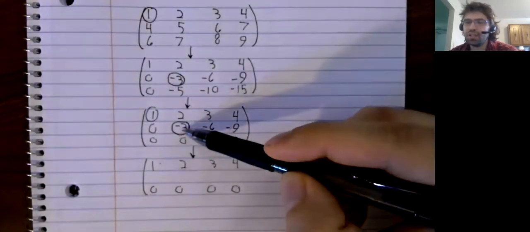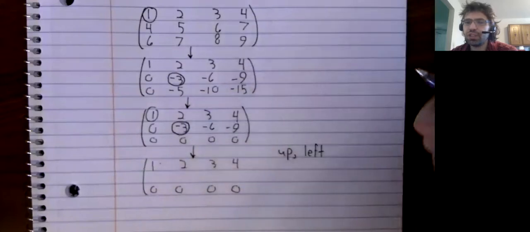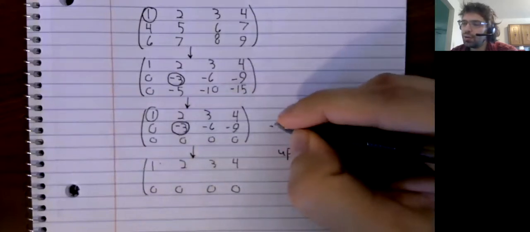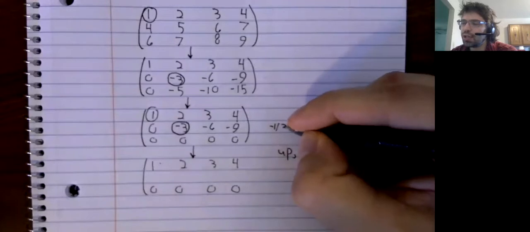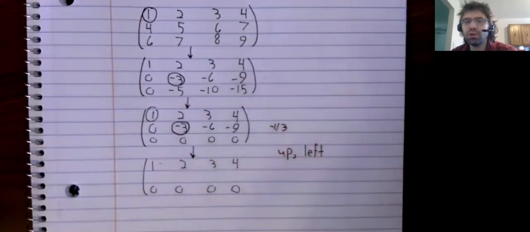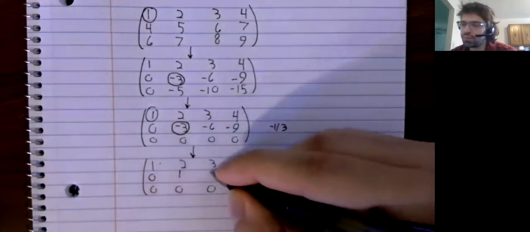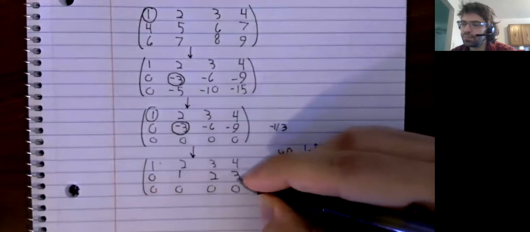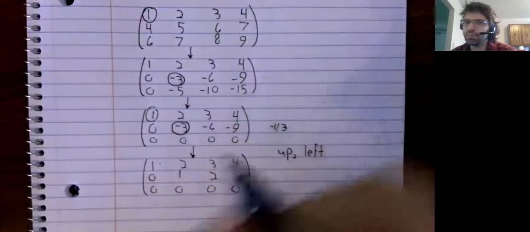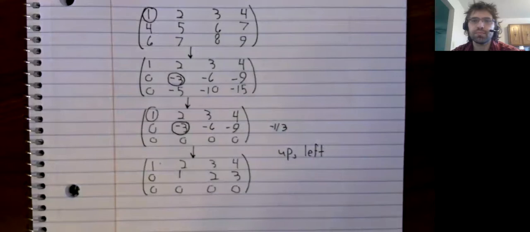To make this leading entry 1, we multiply the second row by -1/3. What else did we need?